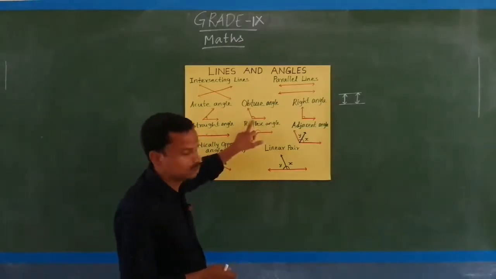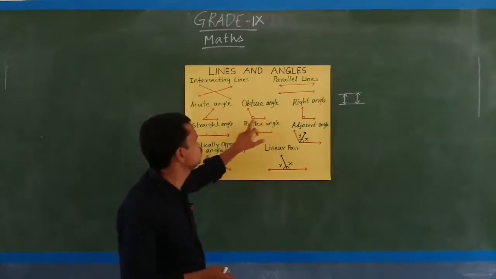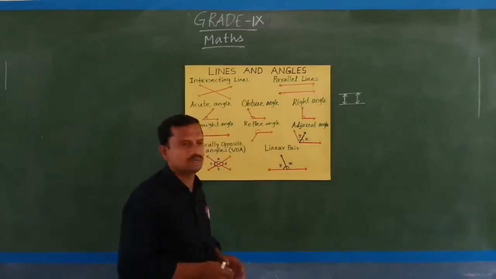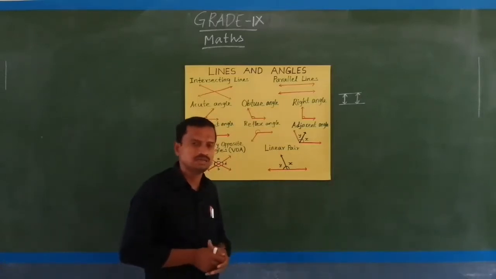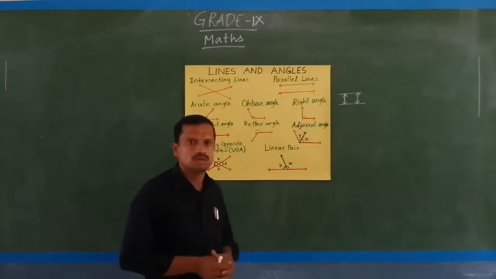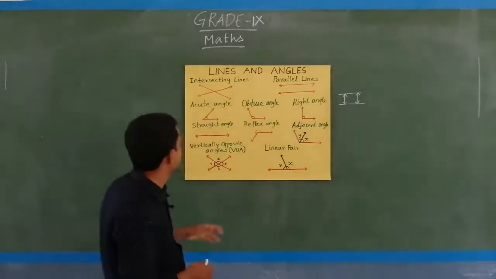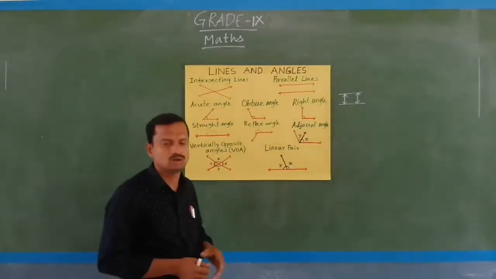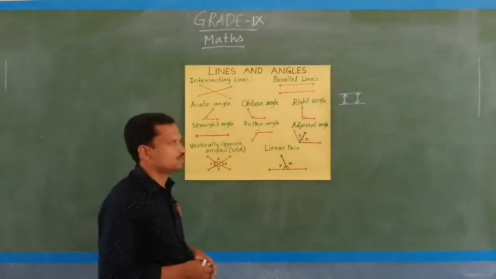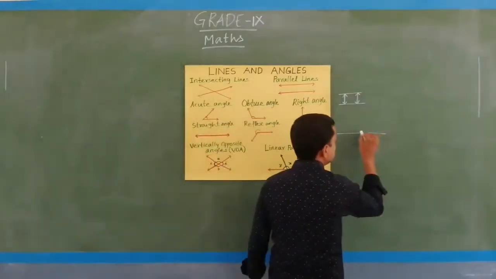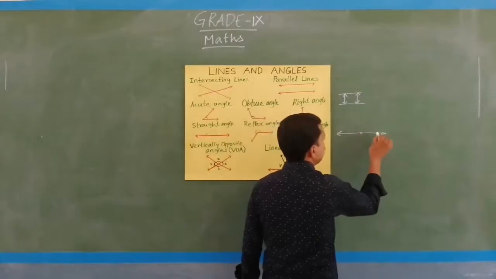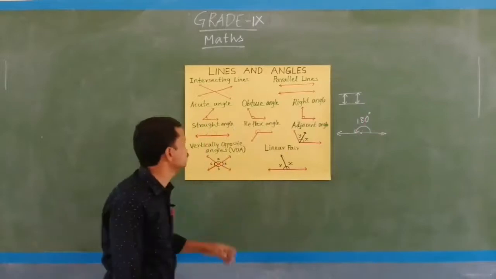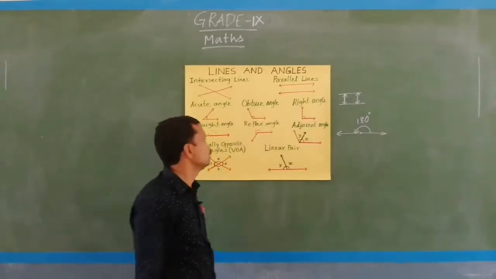I gave an example picture here with two rays. A right angle is exactly 90 degrees. Then a straight angle: at any point on this line, if you measure 180 degrees, that is called a straight angle.